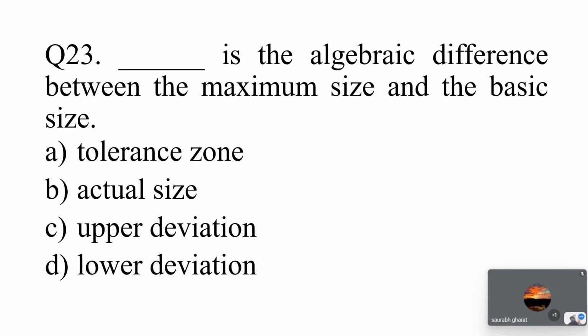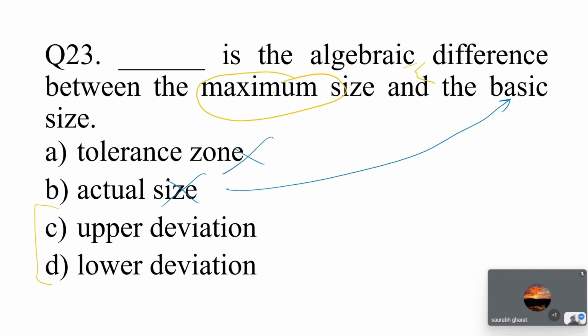We know that actual size is different, so actual size is not the correct answer. Tolerance zone is a different concept. You could find the answer between upper deviation and lower deviation. The maximum is the important term here, so you can decide whether it is the upper or lower deviation.